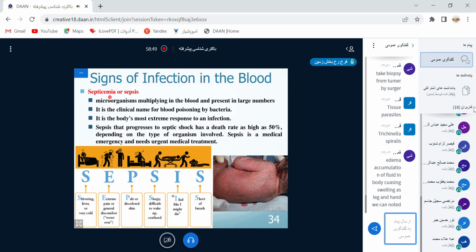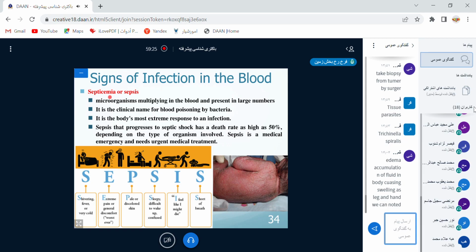So we call it septicemia or sepsis. Septicemia or sepsis is not regarded only to bacteria, but any microbes, because as I told you, only the upper respiratory tract, our skin, and inside the intestine have some normal flora.